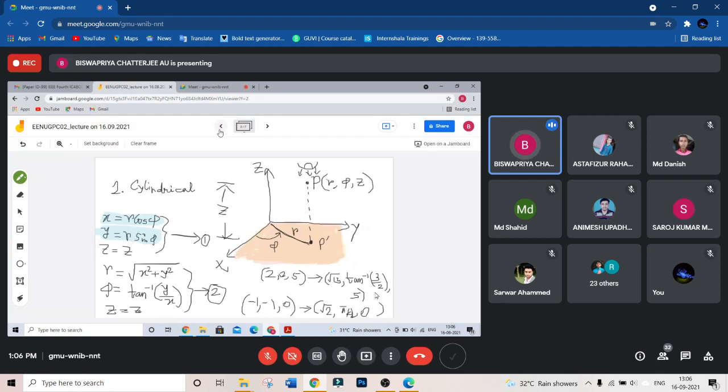So this is the diagram for you for the cylindrical system. If r is constant and if you keep varying phi and keep varying z, what geometry will evolve? If phi is varying like this, and z is varying like this, and r is constant here, what geometry is evolved?